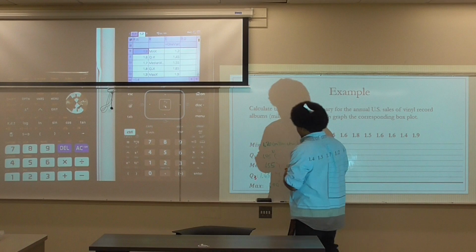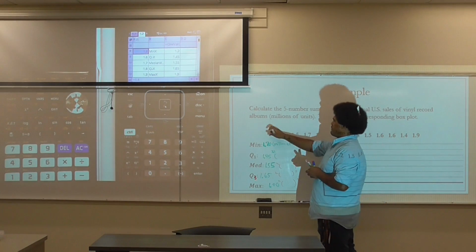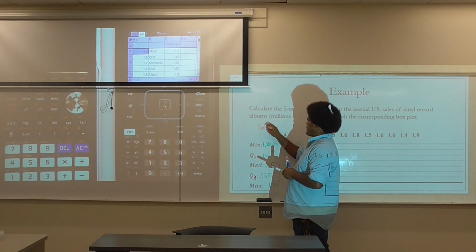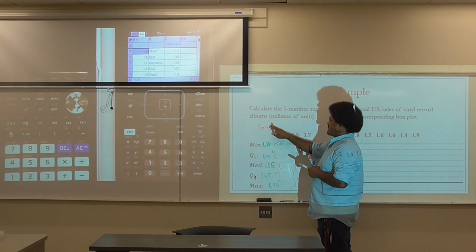Once again, what should have happened for the sorts is that it was first sorted in orange for sorts. Sort ascending, with the A ascending.